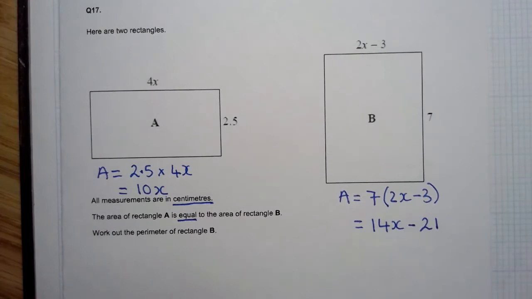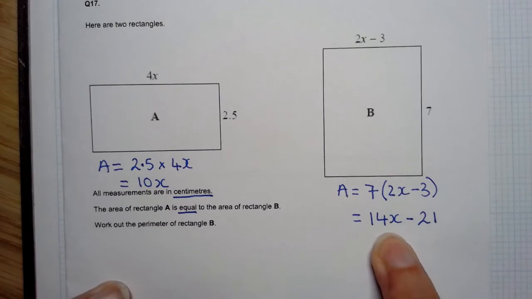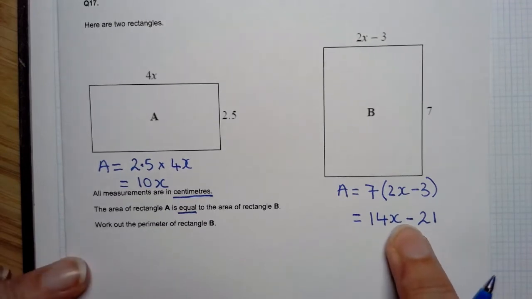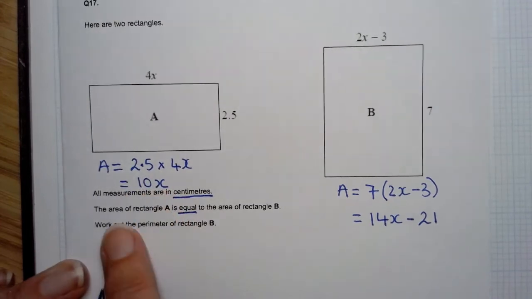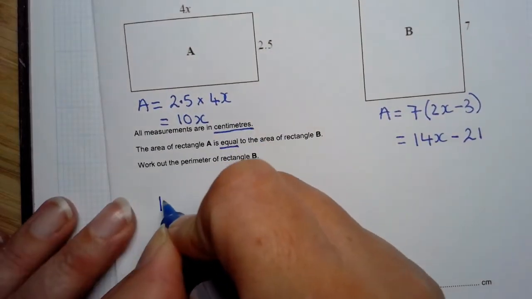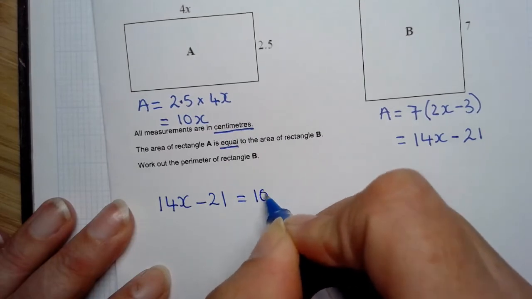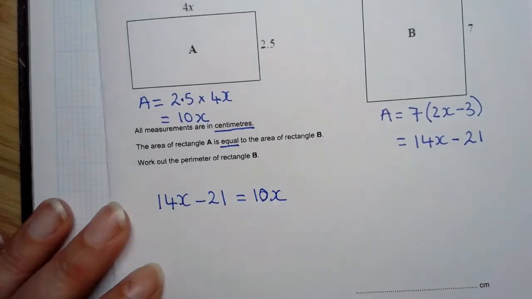So I'm going to create an equation. Because I have a larger number of x's in this expression, I'm going to write this one first. But I know that this equals the same as that because they've told us that the area of those two rectangles are the same. So my equation is going to be 14x minus 21 equals 10x.